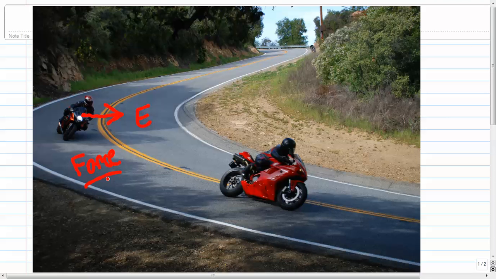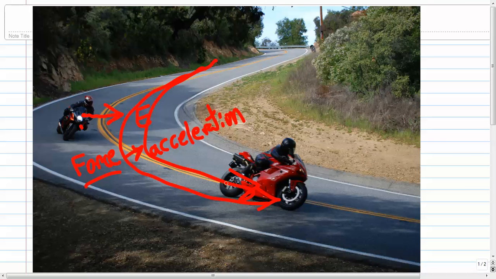And we're not to forces yet in this class, but we will be soon. So whenever you have a force that causes something like this to happen, that means that there must be an acceleration, because forces can cause accelerations. So whenever you go around a curve and you have to lean into that curve, that's proof that you are being accelerated in the direction toward the center of that curve.